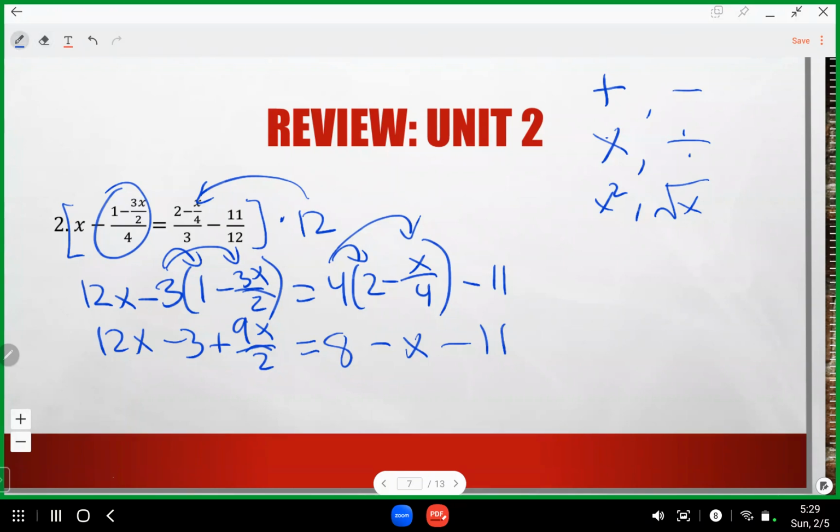First we need to move this x to the other side, so that's going to be equal to 13x. And then this negative 3 needs to move to the other side as well. So then it's going to be plus 9x over 2 is equal to 8 minus 11 plus 3. As you can see here, it's just equal to 0 because everything cancels out.